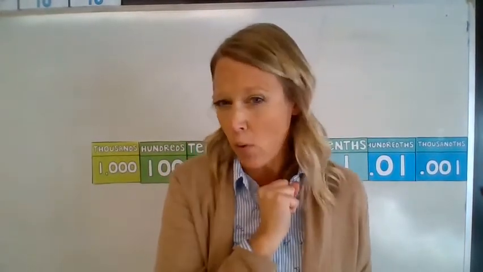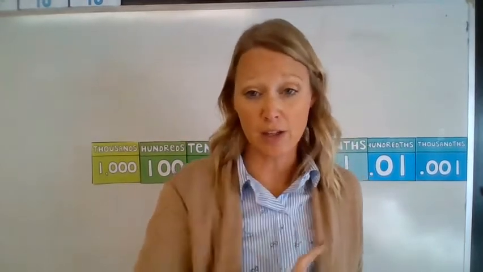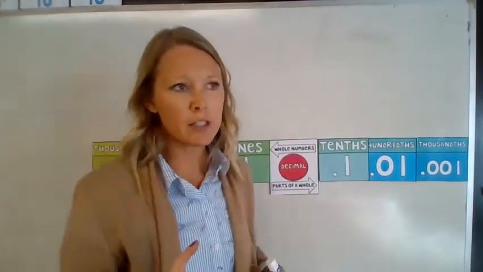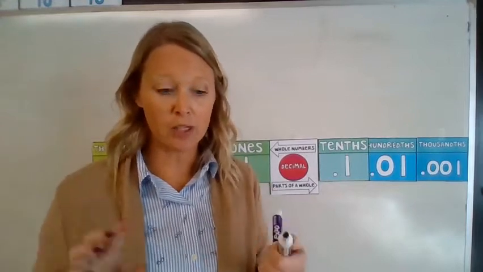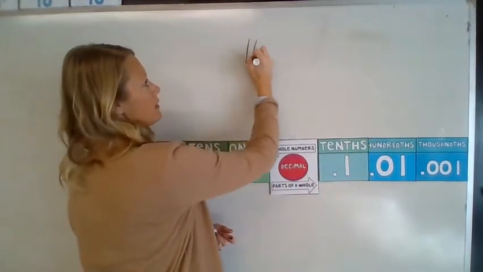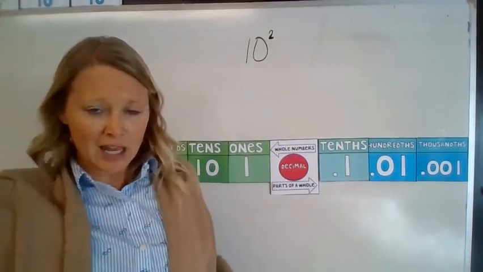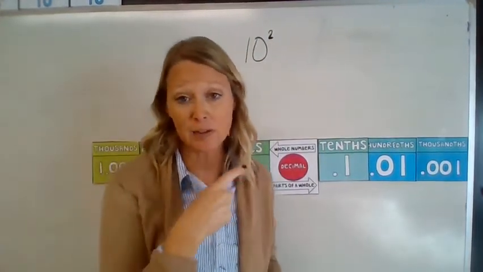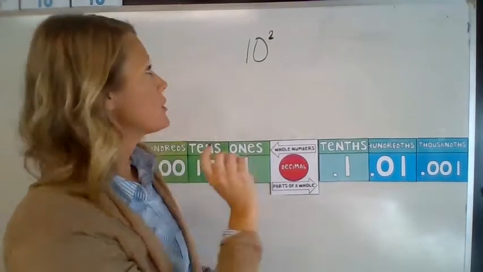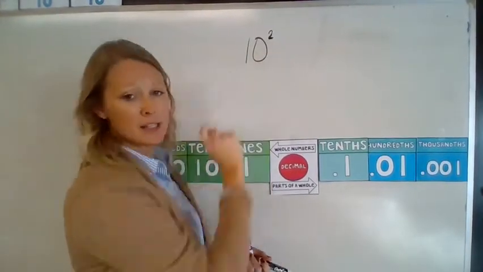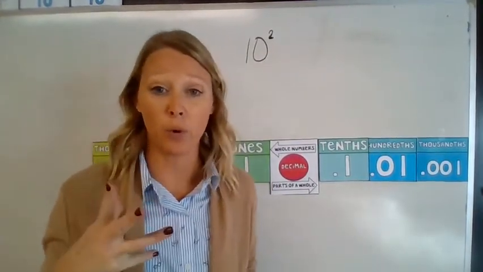Okay, let's take a moment to review a little bit about what we explored in yesterday's lesson. So we started talking about what exponents are. Exponents are the little number that hangs up on the number 10. And that's where we're talking about powers of 10. So for example, 10 to the second power, that is how we would say it in word form.